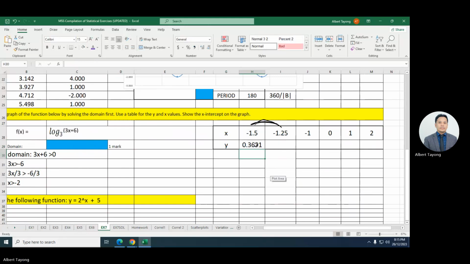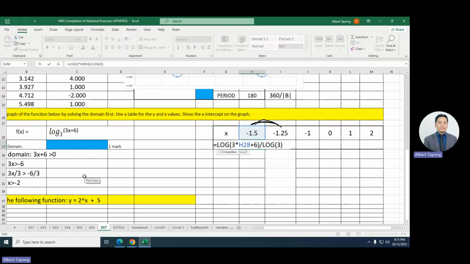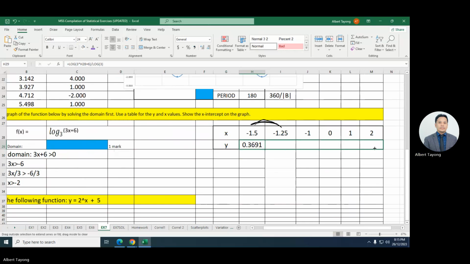So log, open 3 times x. What is our x? Negative 1.5 plus 6, close, divide log whatever is the base. If this is 5, log with base 5, put 5 here. And drag it to the right, yes?